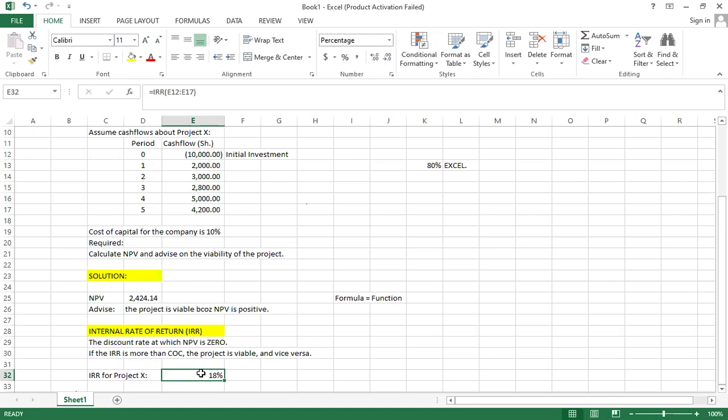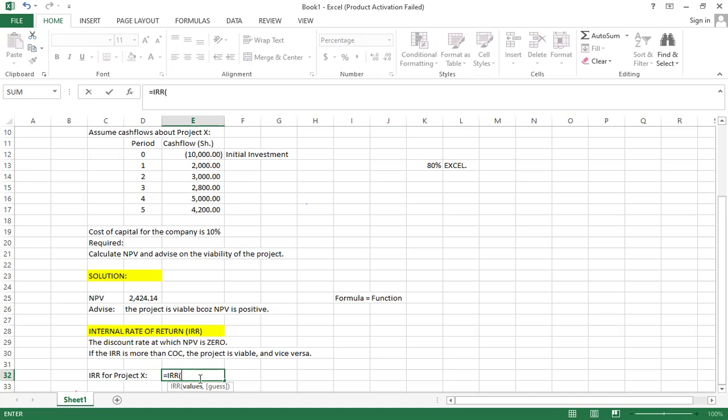And ladies and gentlemen, what I'll do is to repeat that. So what I've done for the internal rate of return is as simple. I have begun with the equal sign, and then I have typed what I want to compute, the IRR. And then in the brackets, you'll have the open bracket next. In the bracket, you need to have the values.